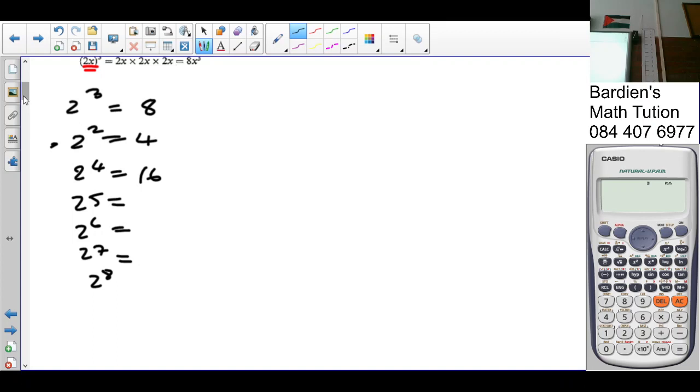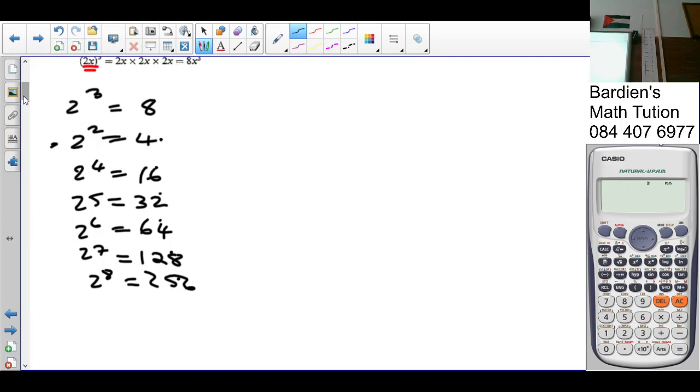How do you get that? 2 to the exponent 5 is going to be 2 times 2 times 2 times 2 times 2. 2 to the exponent 6 is what? 2 times 2 times 2 times 2 times 2 times 2. 64, yes. 2 to the 7? 128. What we do is we just multiply the next number by 2 all the time. There's another 2 being added. That's all.